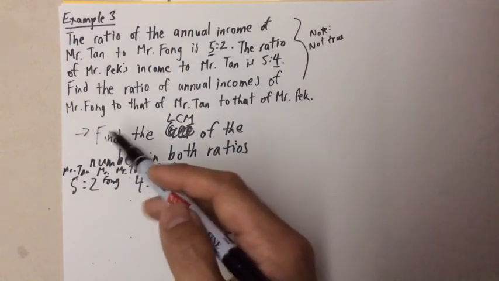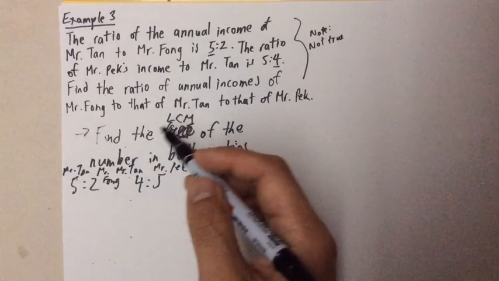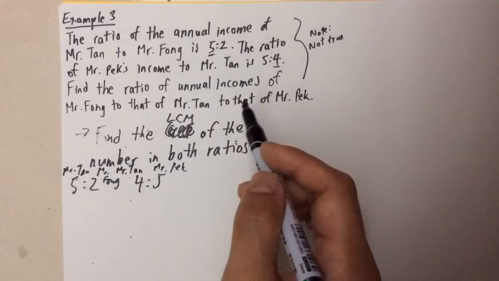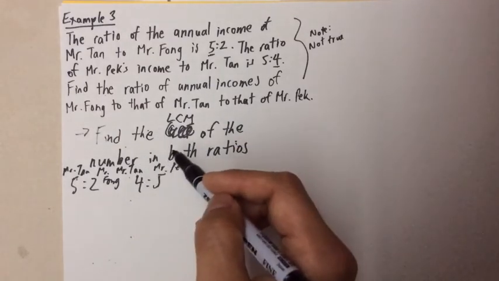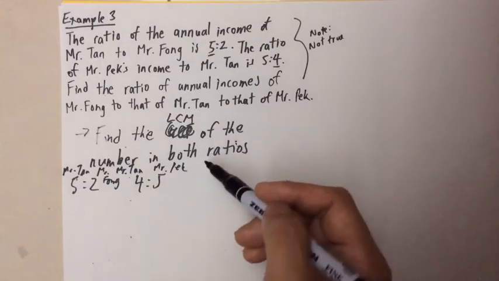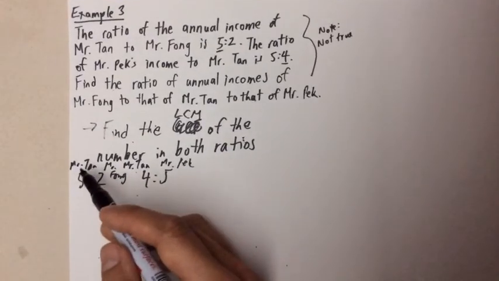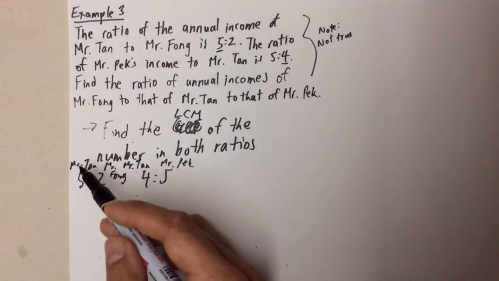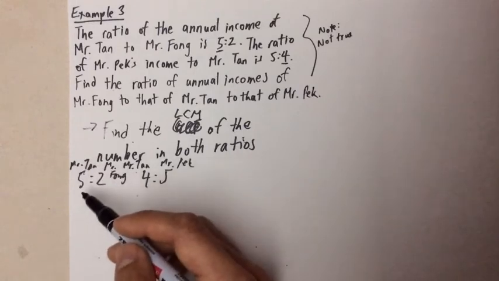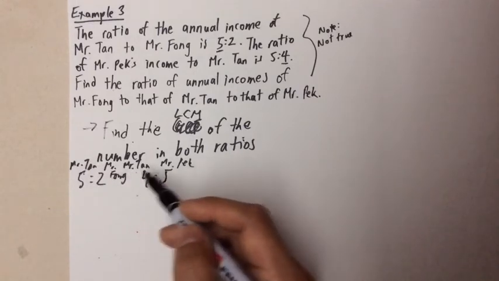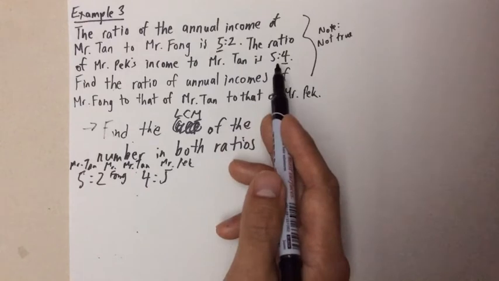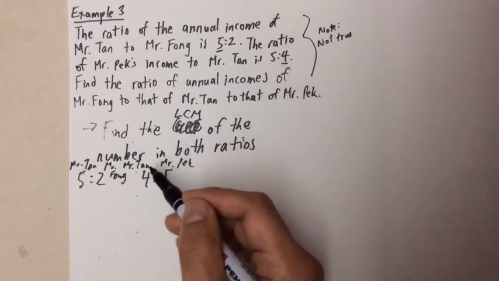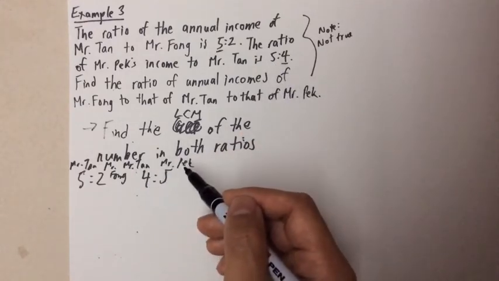What you are supposed to do here is find the lowest common multiple of the number in both ratios. I've rewritten it this way: I've compared Mr. Tan's to Mr. Fong's income here, 5:2, and I've rewritten this one to Mr. Tan's income to Mr. Peck's.